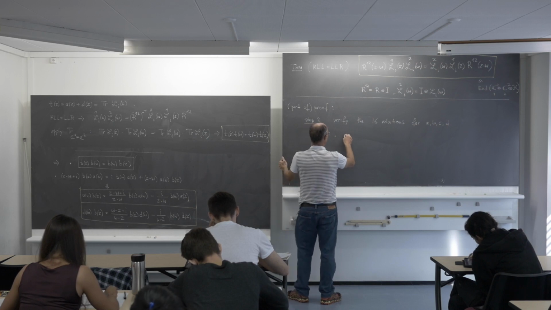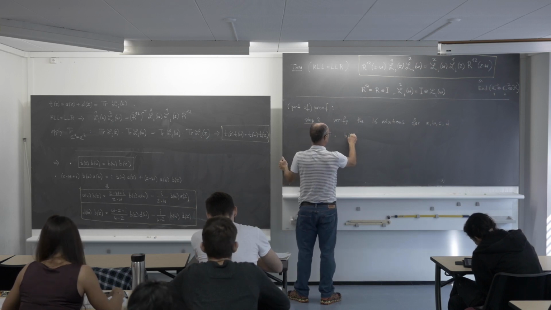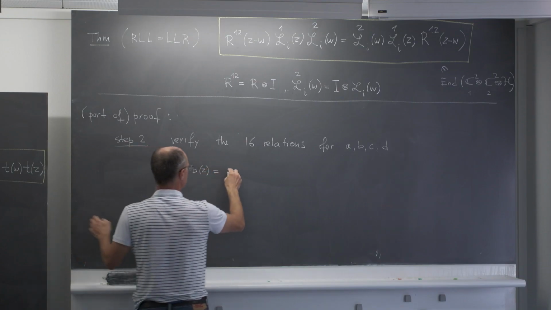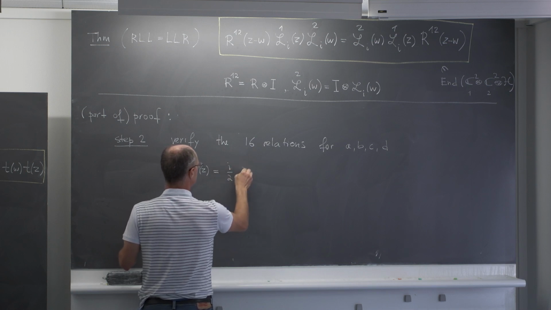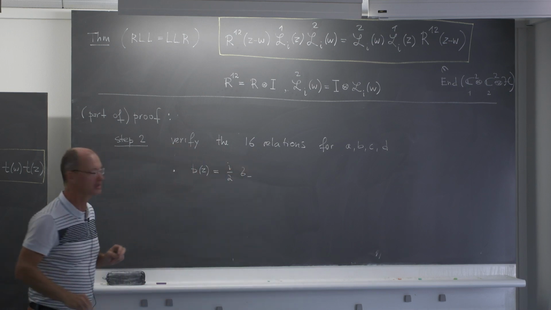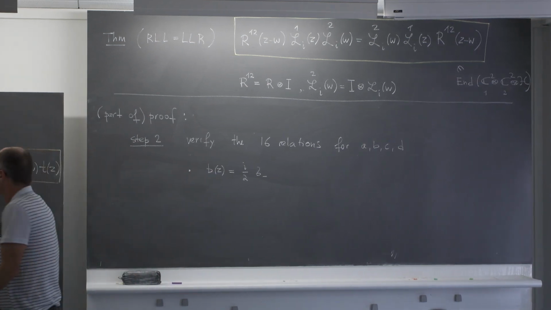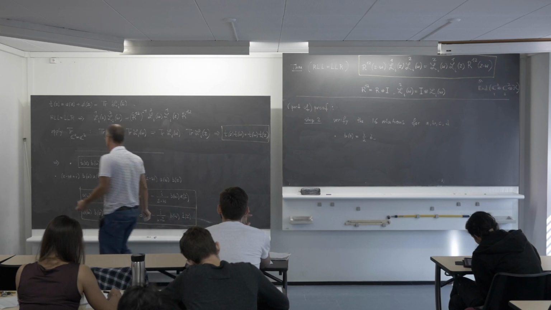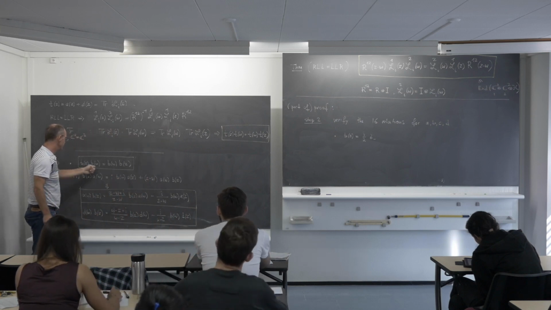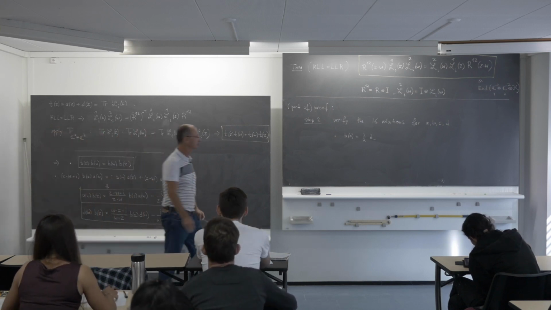Let me recall that, for instance, B of Z is I over 2 sigma minus. So actually, it does not depend on Z. Now, we need to verify the relations. So one of those relations is B of Z commutes with B of W.